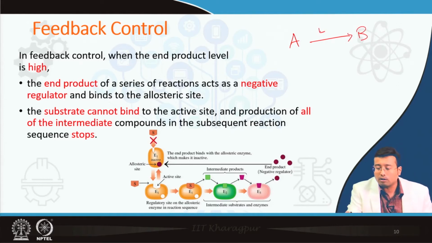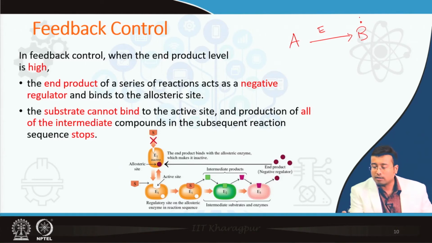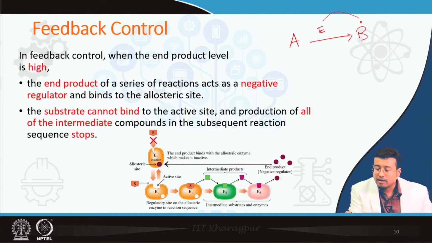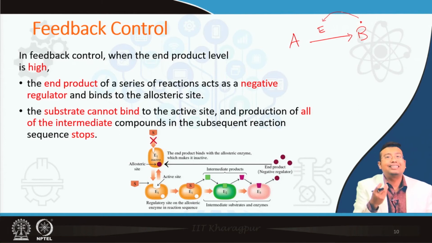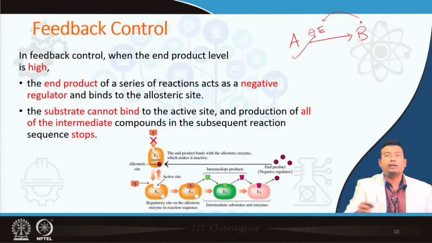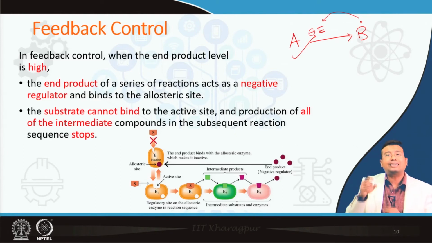Now I don't want A to be converted to B. So this B, the end product, will act as an allosteric inhibitor, an allosteric regulator, and this will bind to the allosteric site of the enzyme, so that A can no longer bind to the active site. You get my point? So some reactant was getting converted to product. Instead of some other regulator, here the end product acts as an allosteric regulator or inhibitor.